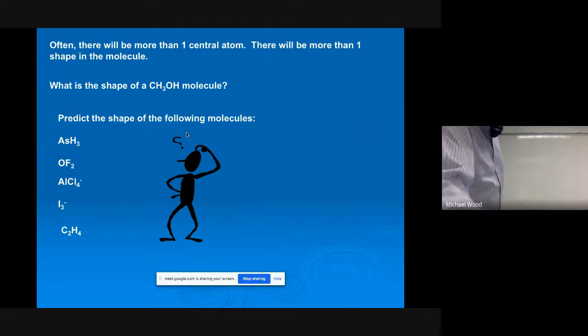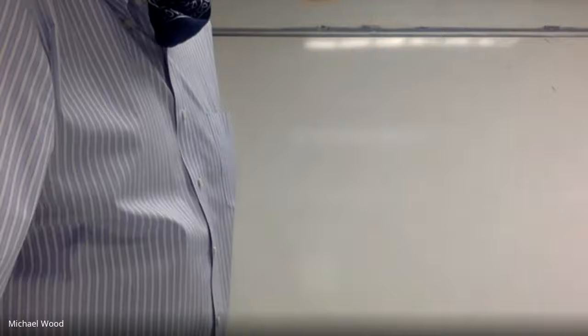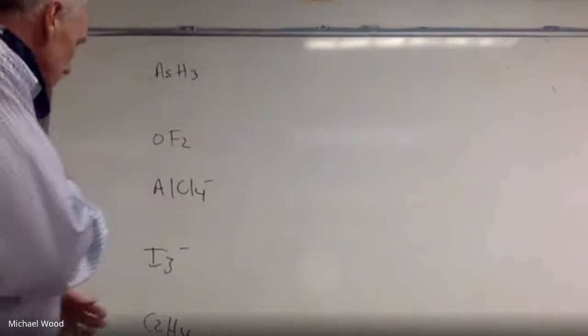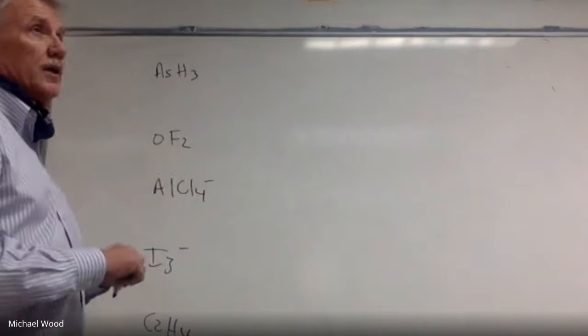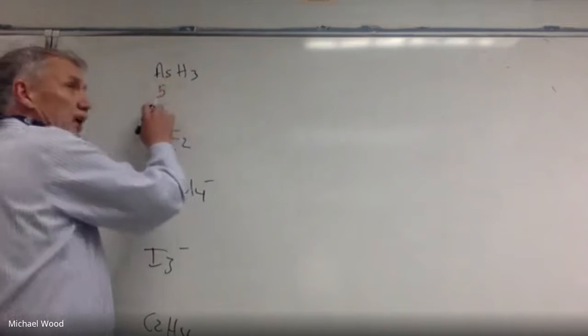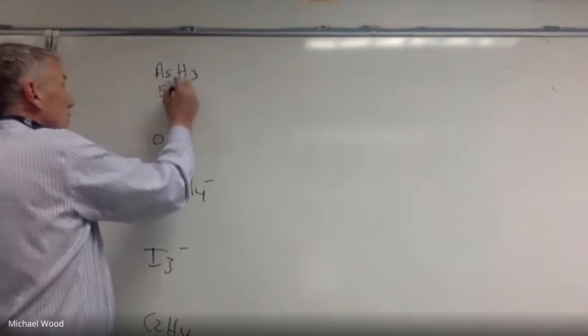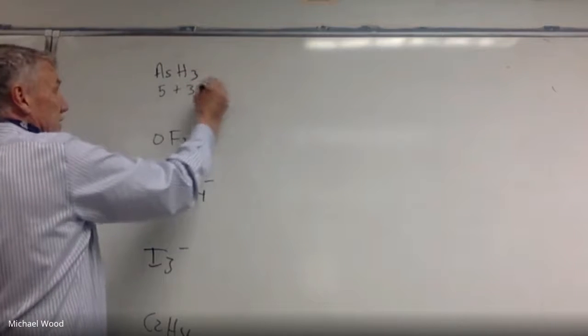Okay, I'm going to go over these, and I'm going to do the same process that we did. So AsH3, I'm going to do the dots. If I count the valence electrons, arsenic has 5, it's in nitrogen's column, and hydrogen is 1 times 3, which is 3. So I get 8 dots.